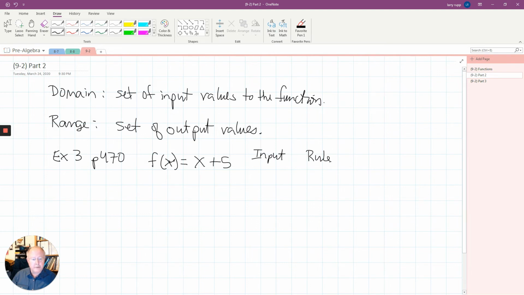We're going to leave that right here. And then lastly, we have the output. So the input variable is x, the function rule is x plus 5, and the output is f of x.